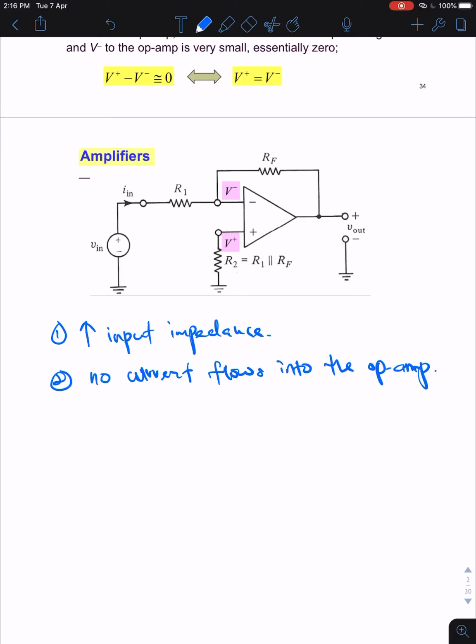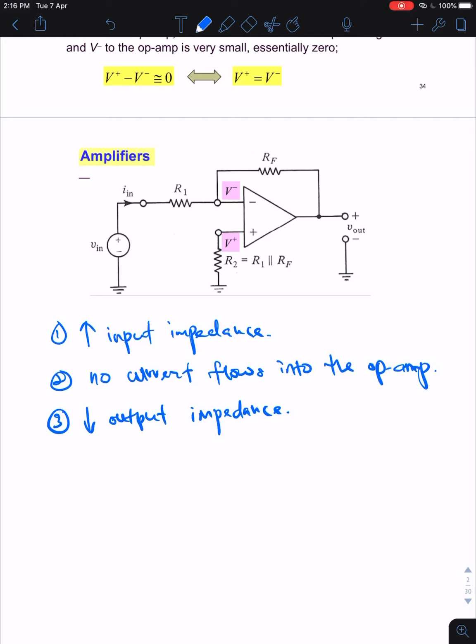Then the next one, number 3, is that the output impedance is very low. You can say it is equal to 0.